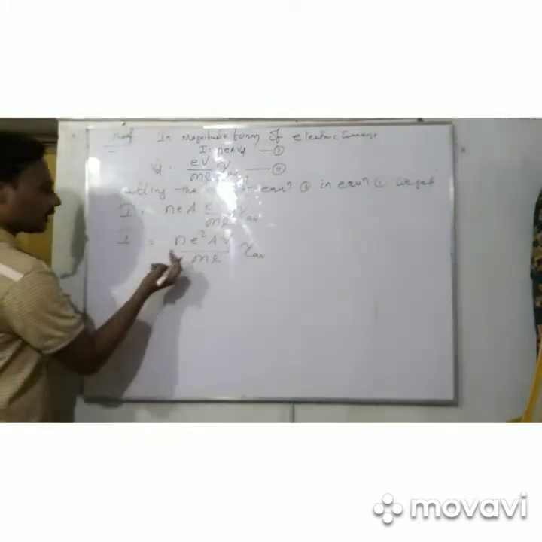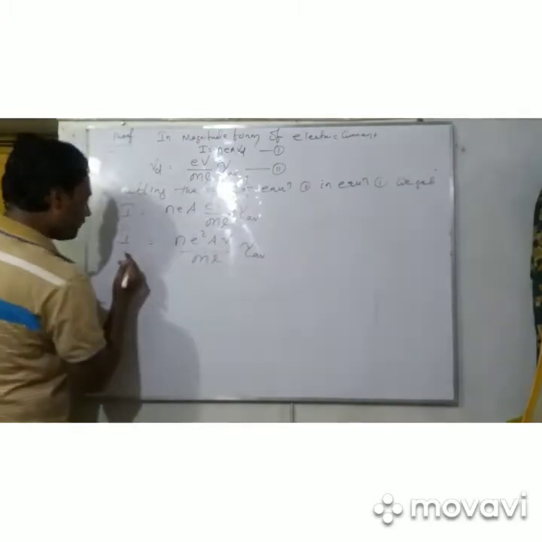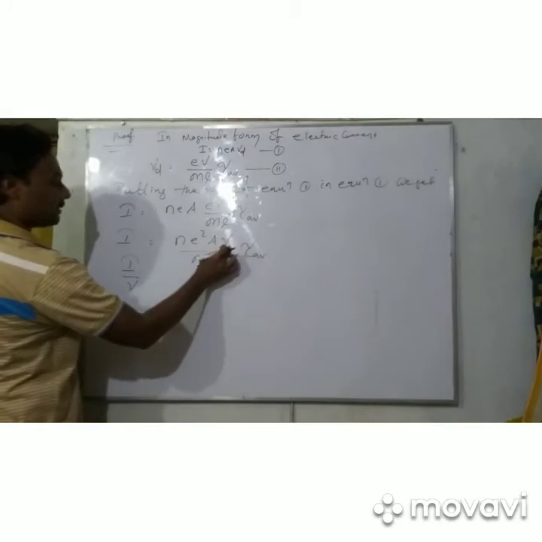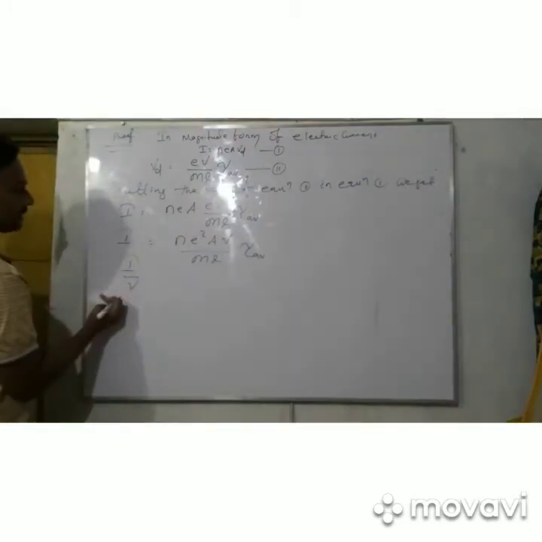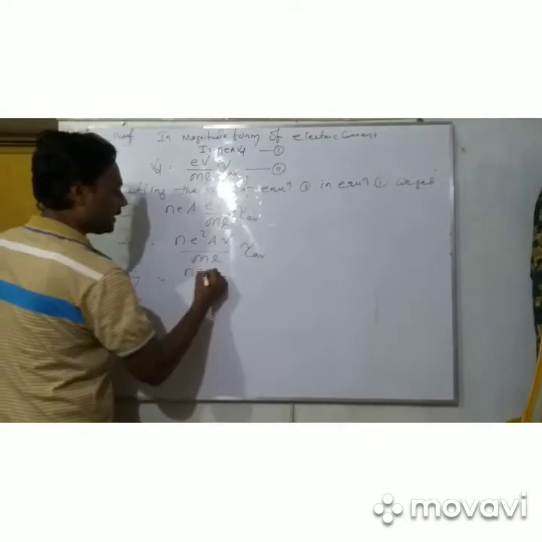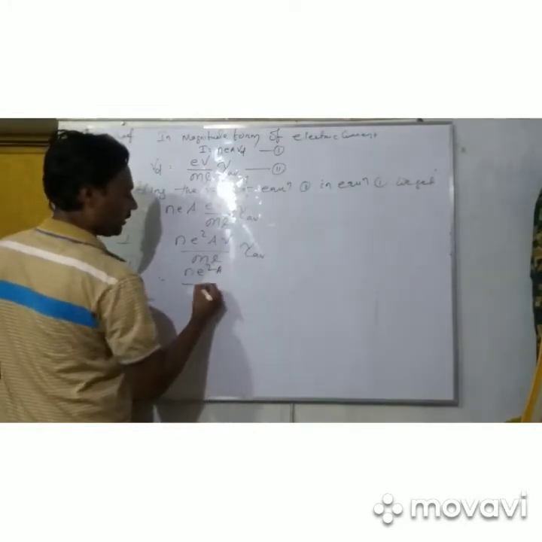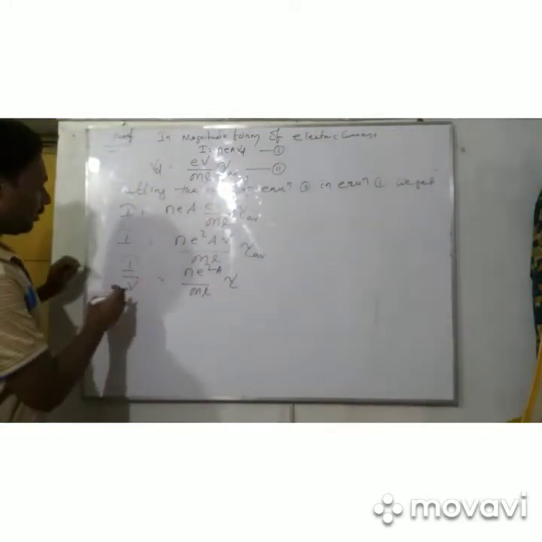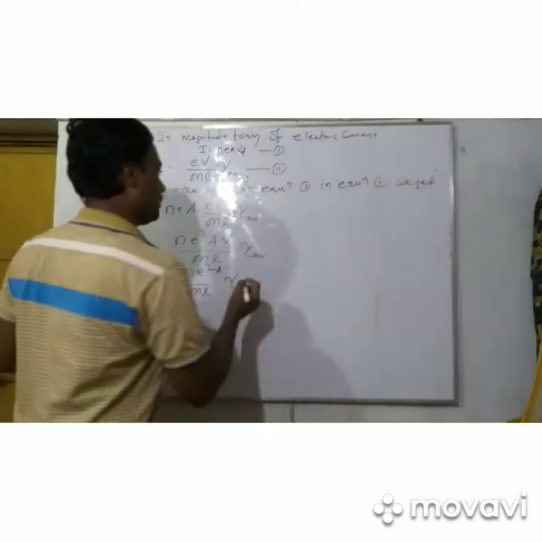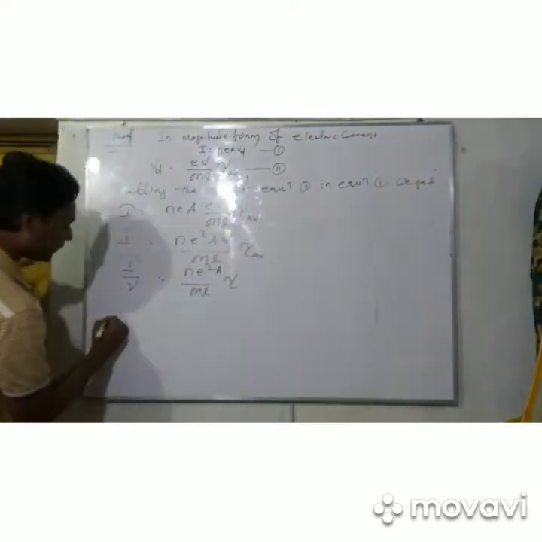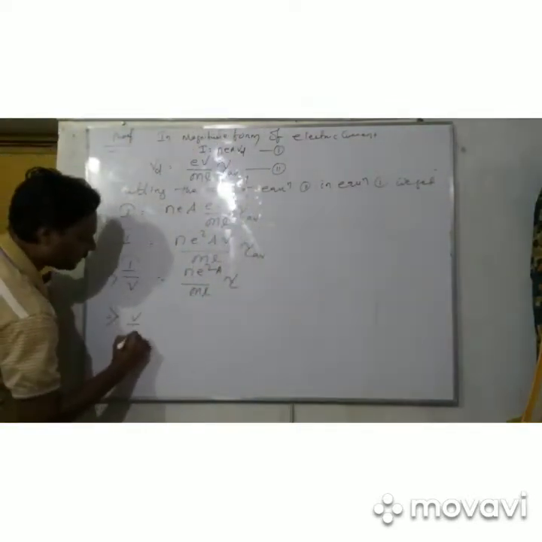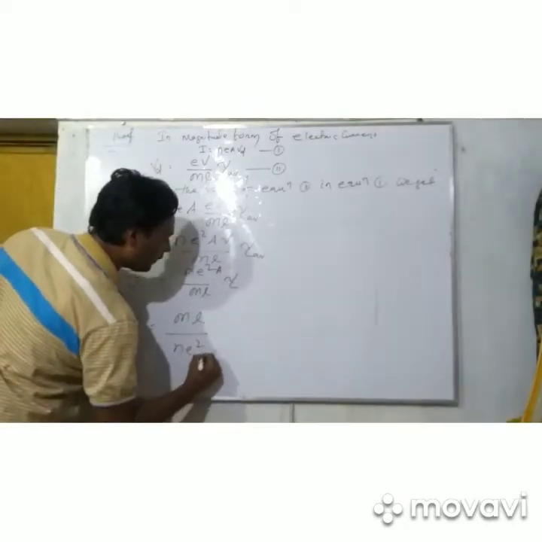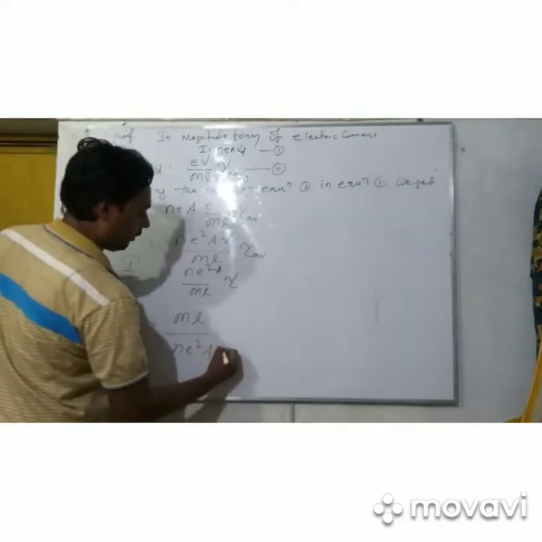So I by V, because V on the right side is converted to the denominator on the left side, I by V equals n e square A by mL into tau. Now V by I equals mL by n e square A tau.